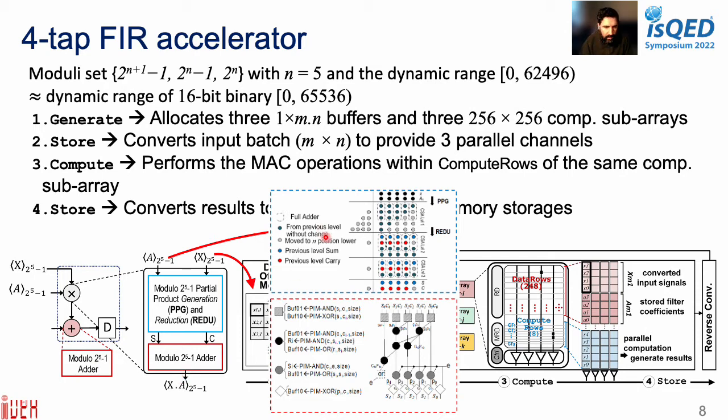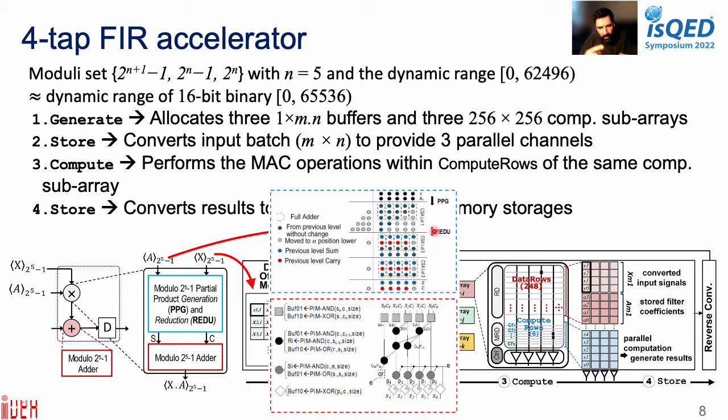In the PPG stage, first the partial products of multiplication are formed by AND gates. In the redo stage, every 3 bits are summed by a carry save adder, or CSA, represented by the dashed line here.